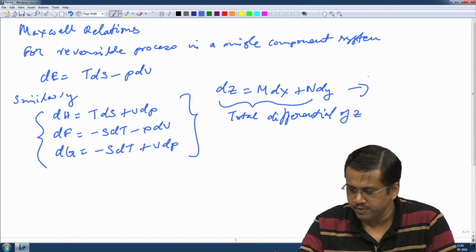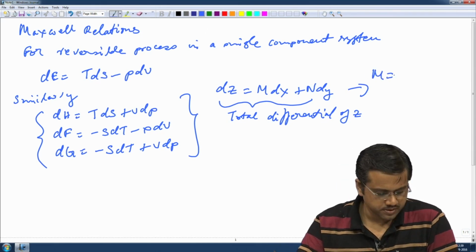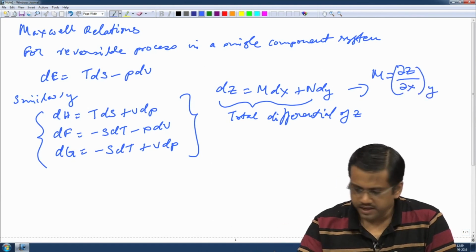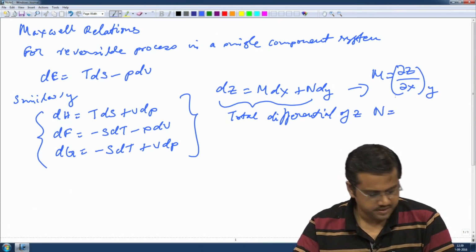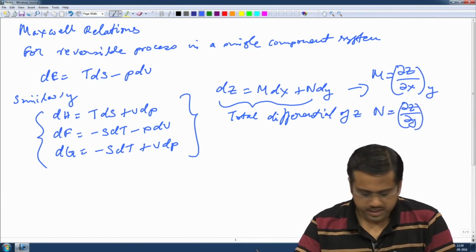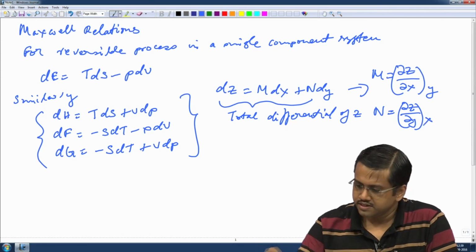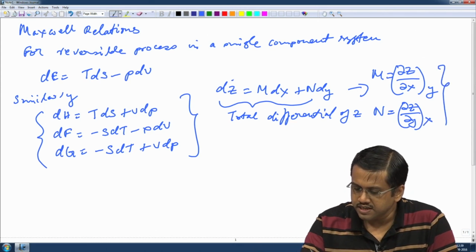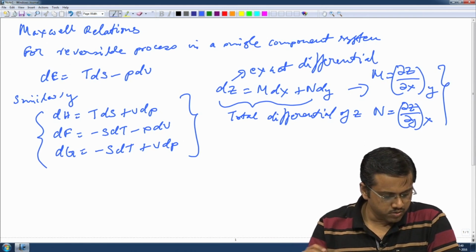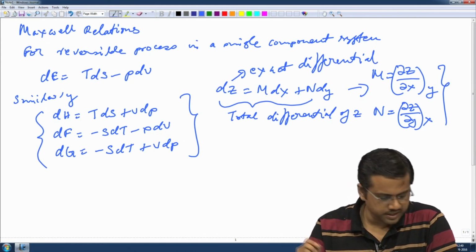So if we write it properly, M can be written as dZ by dx at constant y, and N is given as dZ by dy at a given x. Remember that dZ is an exact differential.